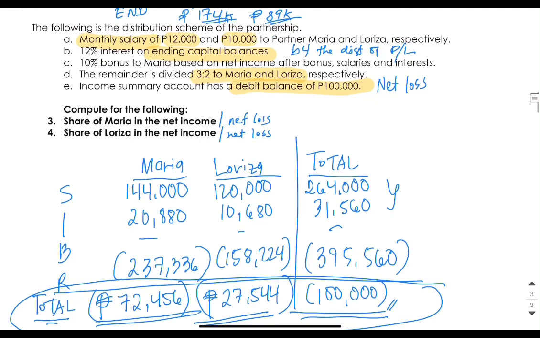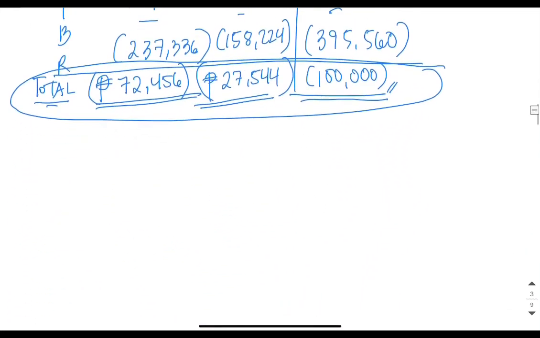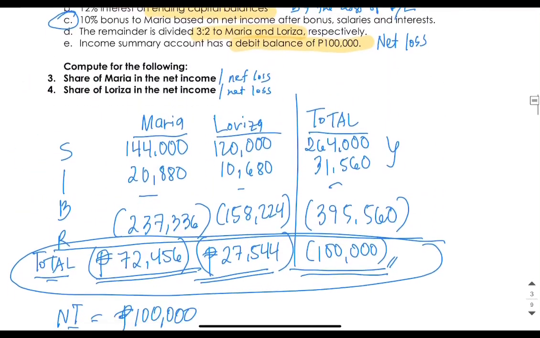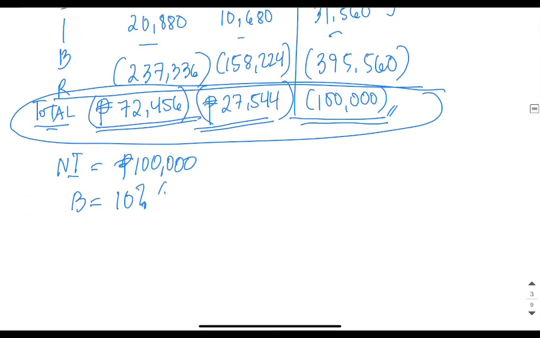Okay, I just would like to discuss the bonus. If the result rather is net income, how should we deal with this bonus, if the bonus is based on net income after bonus, salaries, and interest? So let's assume that the result of operation is net income in the amount of 100,000. How do we compute for the bonus? Based on our shortcut, the bonus is 10% based on net income after salaries, after interest, after bonus.